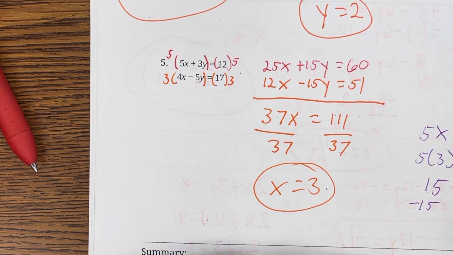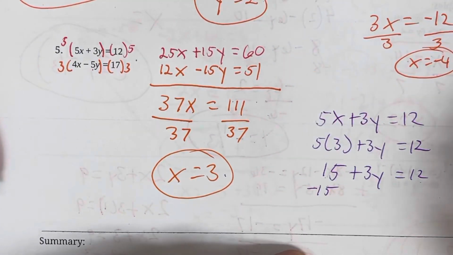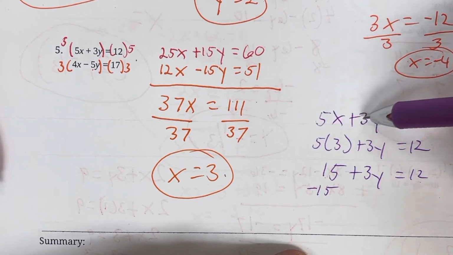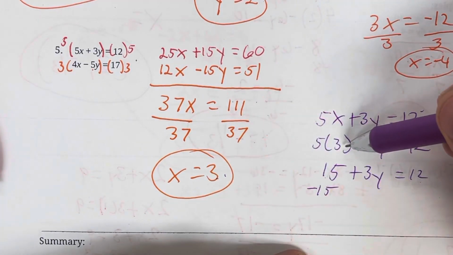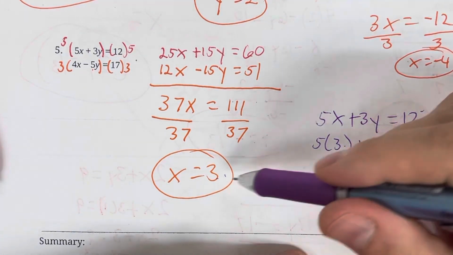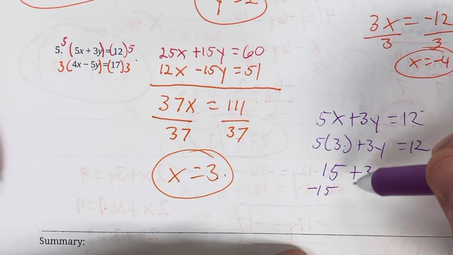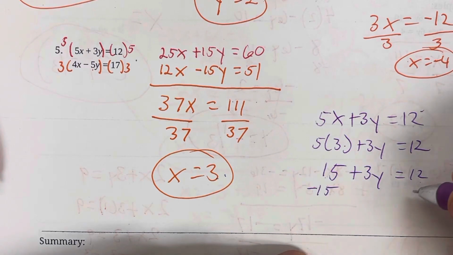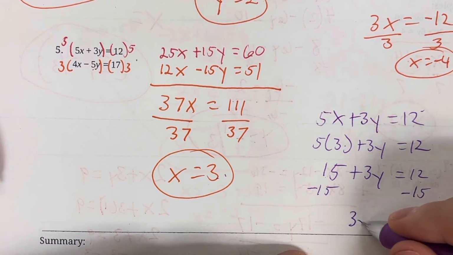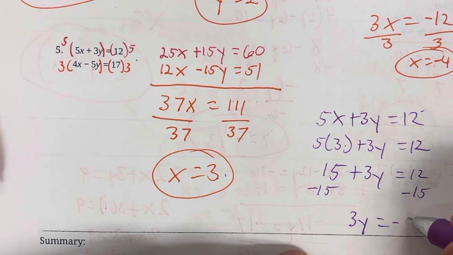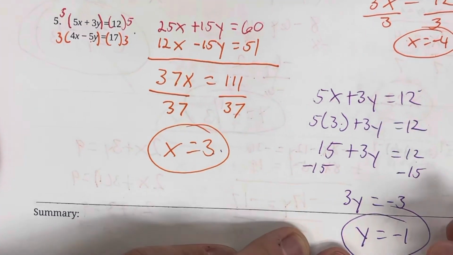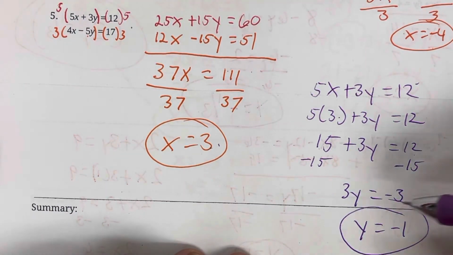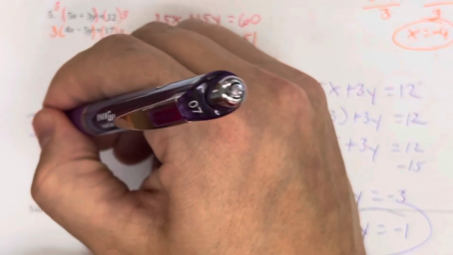Subtract our 15 from both sides. 3y equals negative 3. And y is equal to negative 1 when you divide. So our ordered pair is 3 comma negative 1.